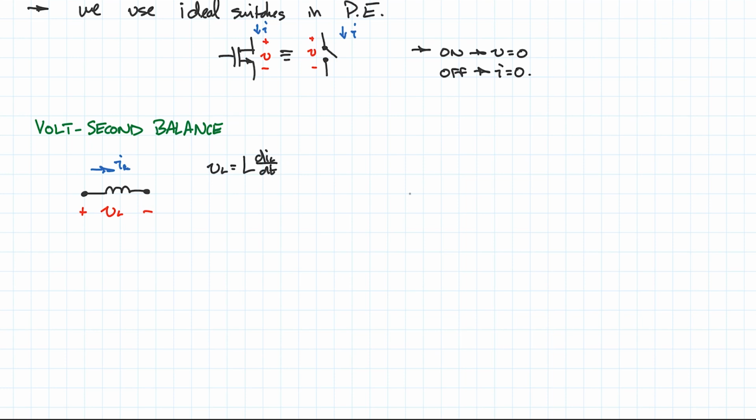This is first year electrical engineering, circuit theory, whatever you want to call it. And that means if you were to rearrange this, you would get IL of t equal to 1 over L, integrating from 0 to t, VL of t dt, plus any initial current that you may have had at time 0.